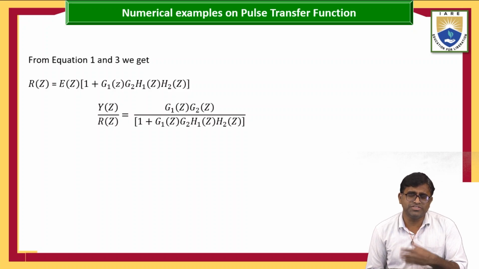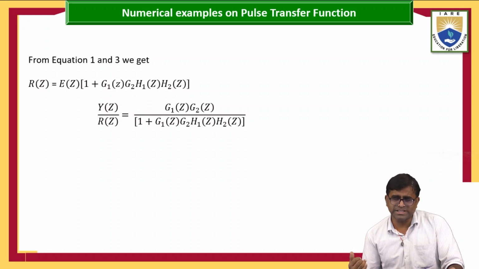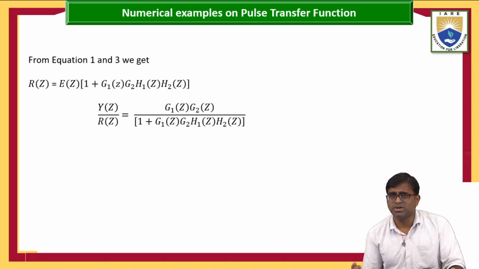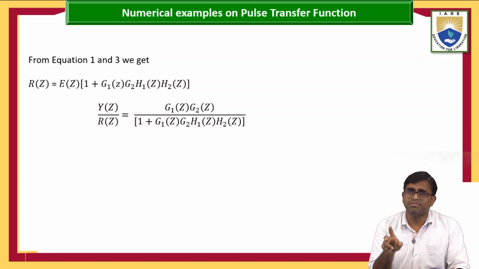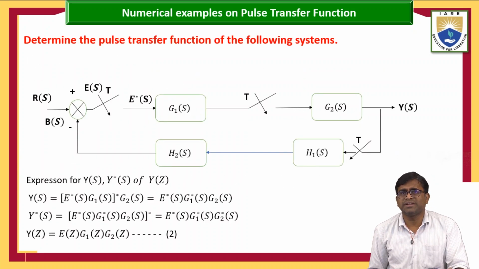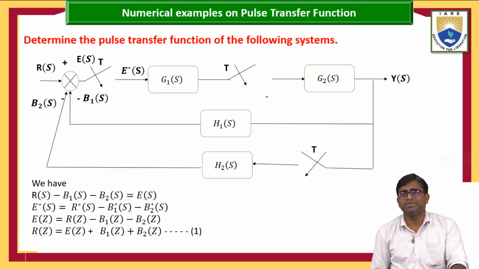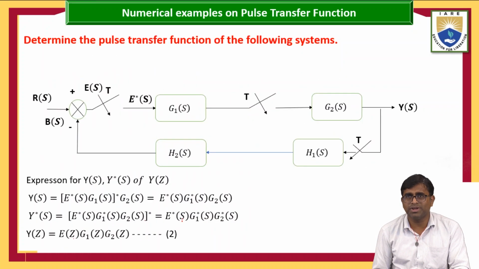Whereas in the second problem, we see the pulse function before the first forward path and after the feedback path H1, but between the two forward path blocks we have this pulse function. So the output is going to be changing.